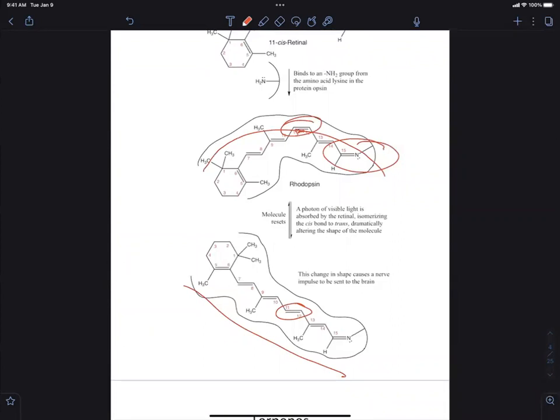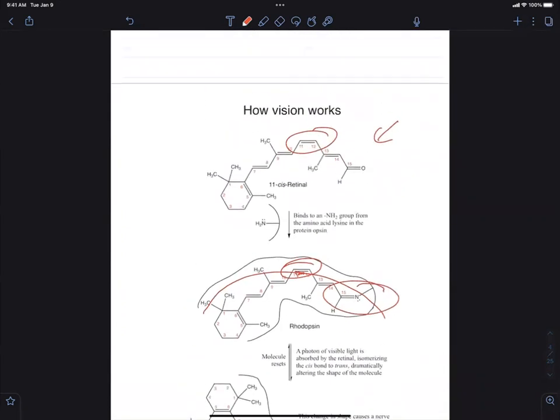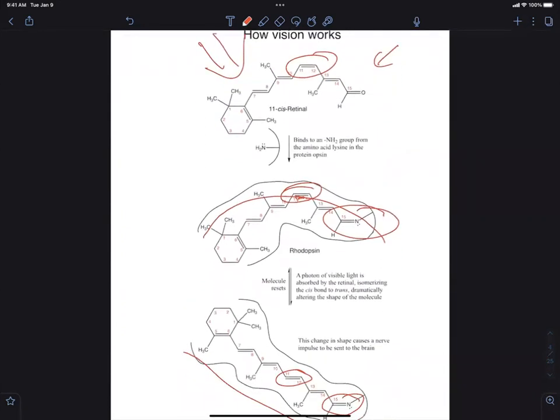What's interesting is that because this Schiff base is reversible, after the photon is absorbed and the retinal molecule turns into the all-trans form, that molecule dissociates. It is then recycled to make more of the cis form, which bonds once again via the Schiff base to a new opsin, waiting for the next photon to hit.